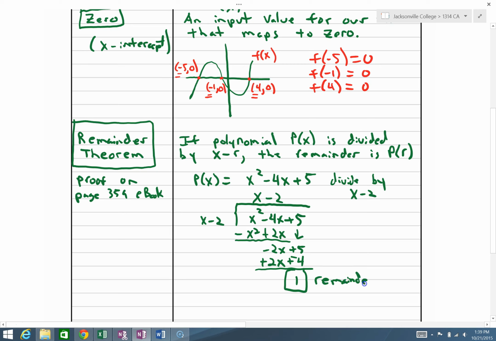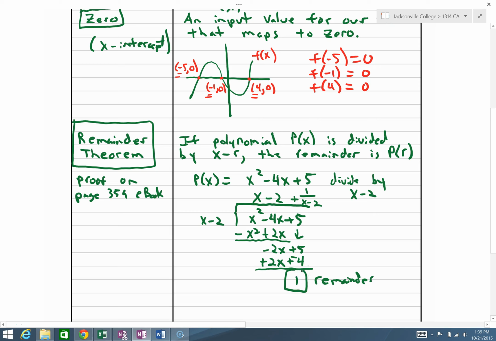In terms of my quotient, I would write the remainder over my divisor. I would add 1 over my divisor, which is x minus 2. But the bottom line here is that the remainder is 1.